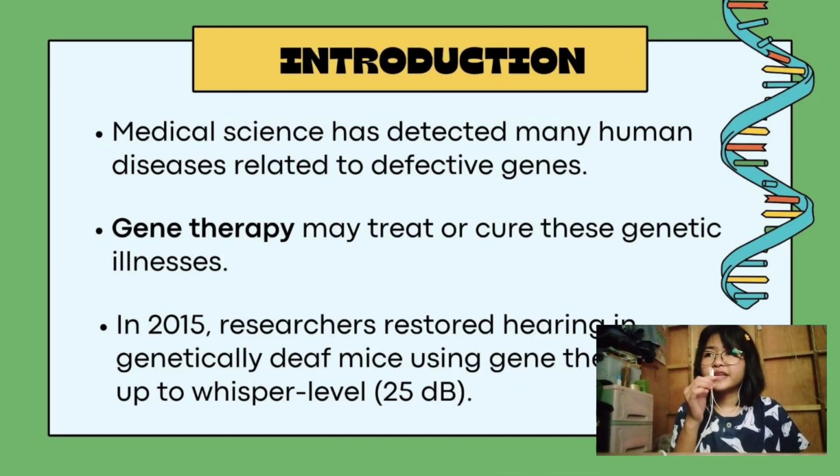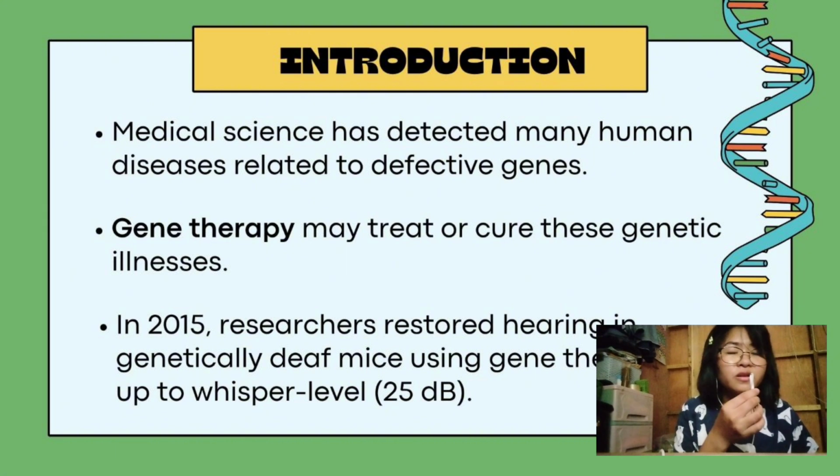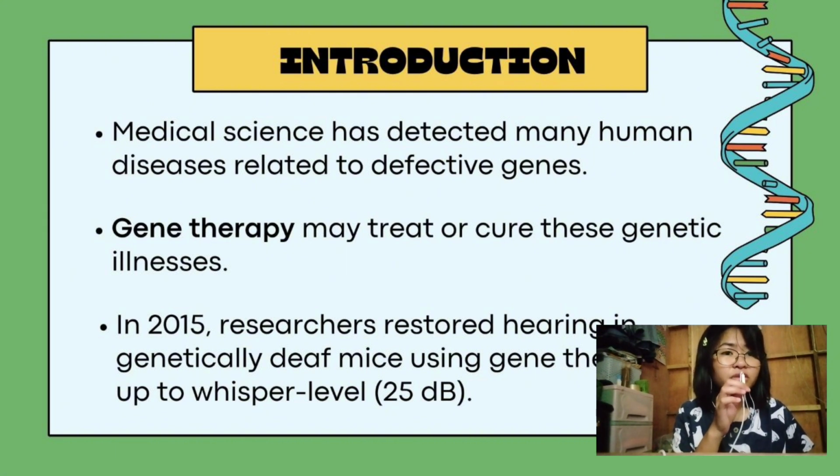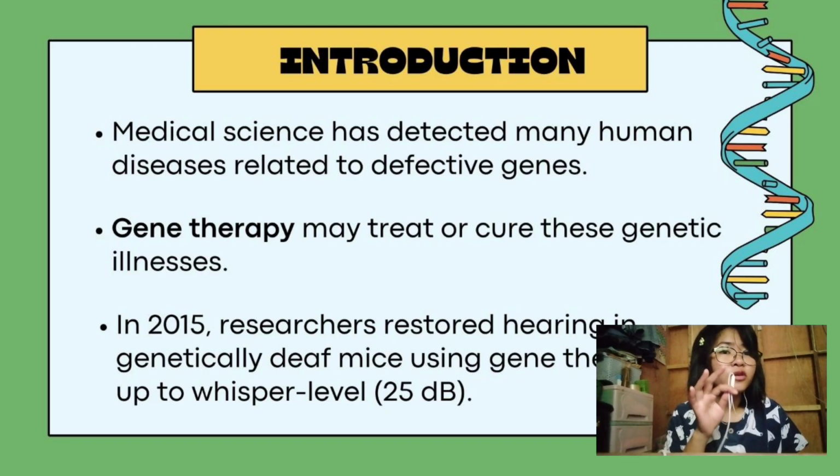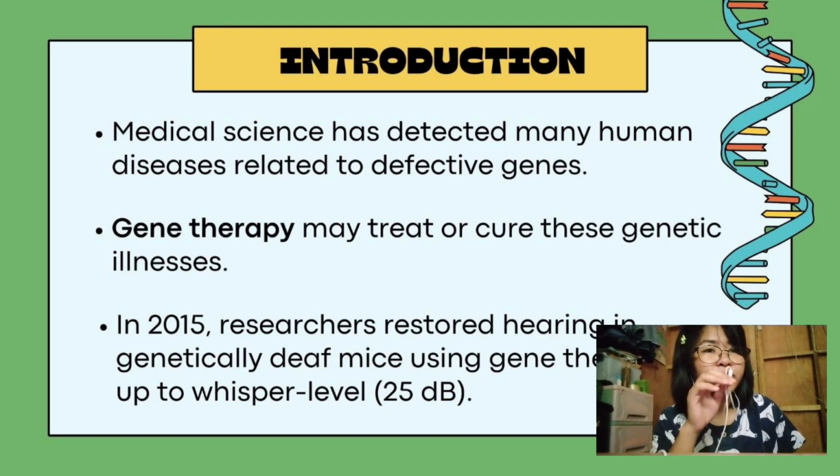Medical science has detected many human diseases related to defective genes. So, over the years, scientists have found that some illnesses are caused by changes or errors in our genes. Ang genes manggod, they're like instructions inside our body that tell it how to grow, develop, and ultimately function. So, di ba kung isa ka instruction kay faulty siya, meaning daghang mo-arise nga problema.